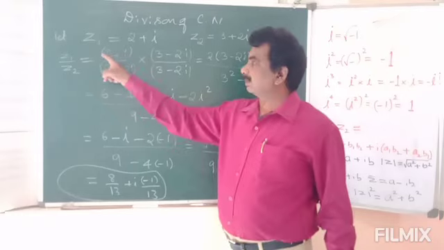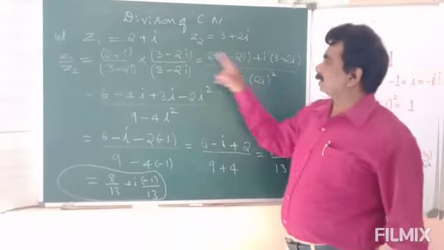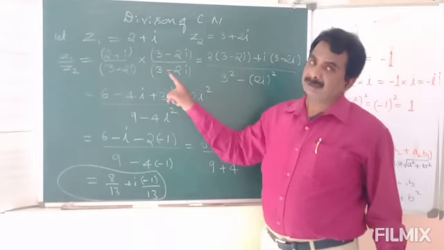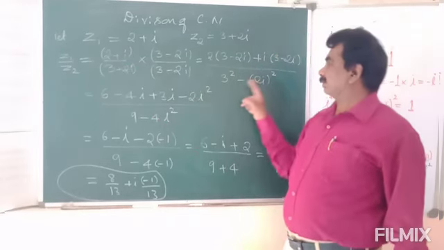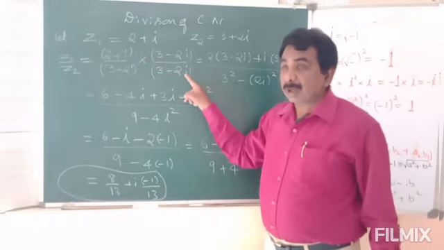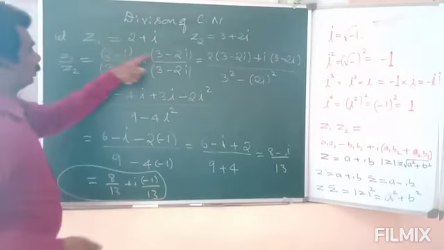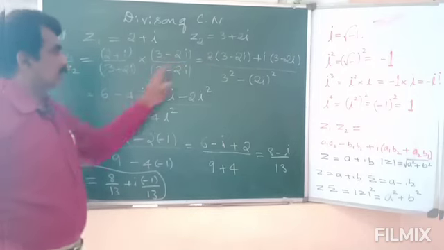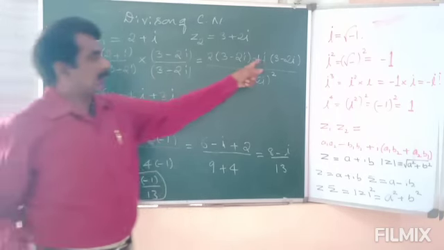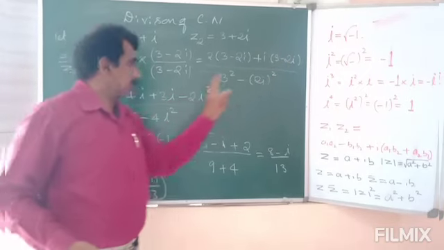Now multiply: 2 into 3 minus 2i, plus i into 3 minus 2i, divided by A plus B into A minus B, that is A square minus B square. A is 3 square, B is 2i whole square. Now multiply 2 into 3 is 6, minus 2 into 2 is 4i, plus i into 3 is 3i, plus into minus i into 2i is 2i square.